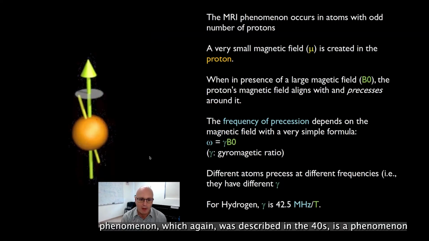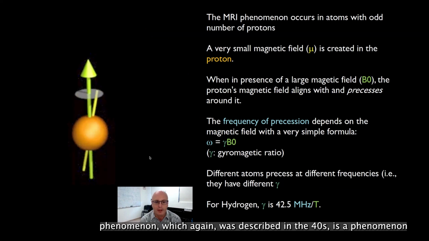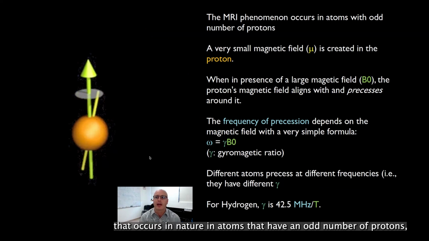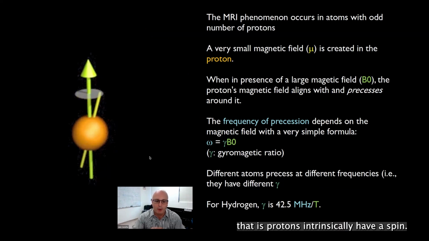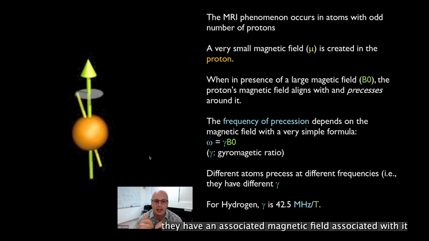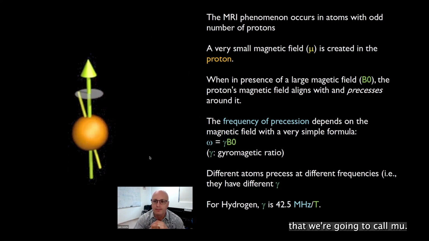So the MRI phenomenon, which again was described in the 40s, is a phenomenon that occurs in nature in atoms that have an odd number of protons. That is, protons intrinsically have a spin, and because they are charged particles, they have a magnetic field associated with them that we're going to call mu, and it's shown here as this yellow bar that is rotating.